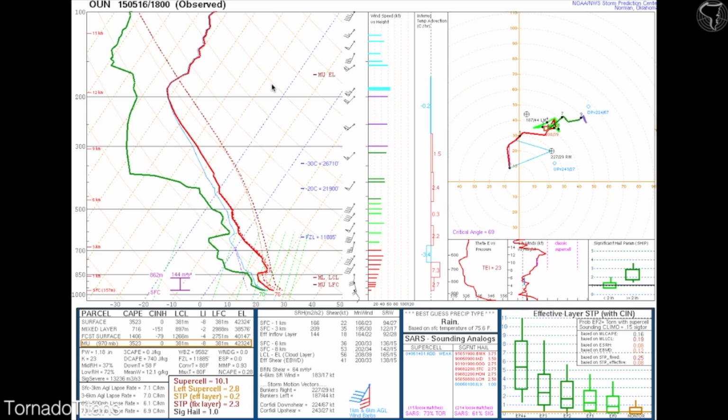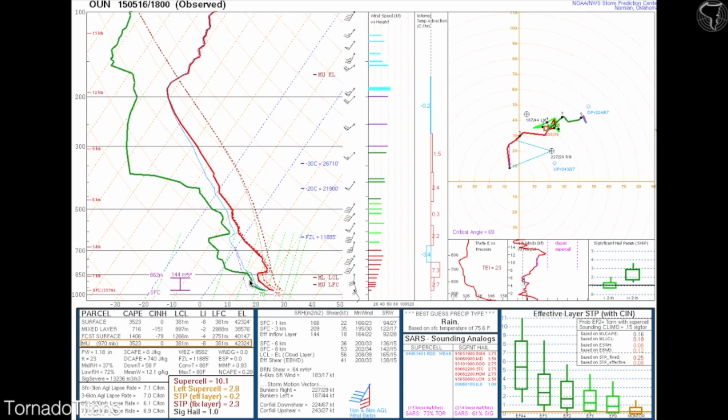The effective layer sig tor is similar to the fixed layer in the sense that it takes into account a bunch of parameters for tornadoes, but it takes into account different ingredients, which don't focus so heavily on the surface parcels we just talked about. It doesn't take into account what happens if this parcel right here is lifted up in the atmosphere.